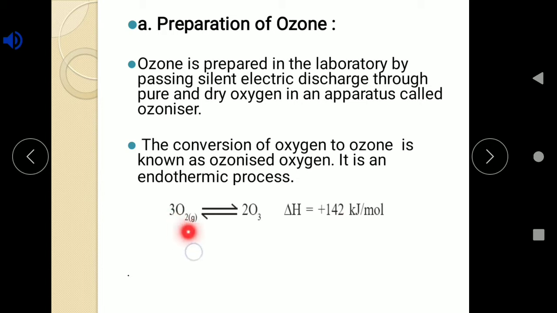This conversion of oxygen into ozone is an endothermic process, so the electric discharge provides that energy. The ozone formed is called ozonized oxygen. So, this is the method used to prepare ozone in a laboratory.